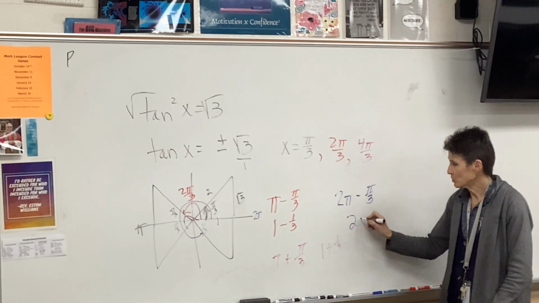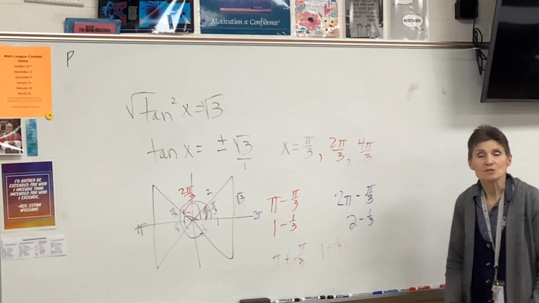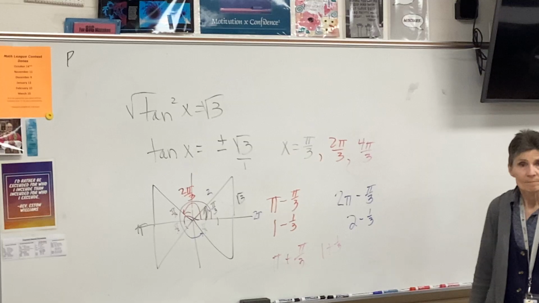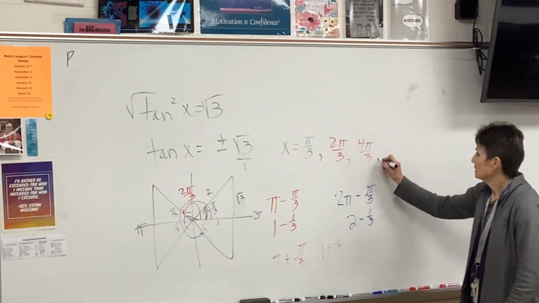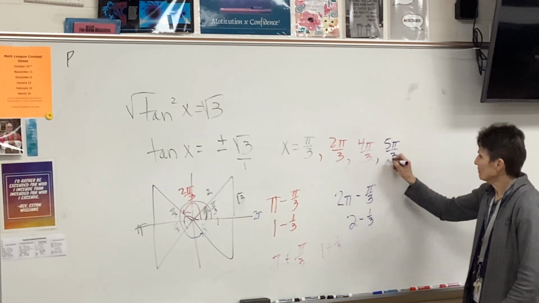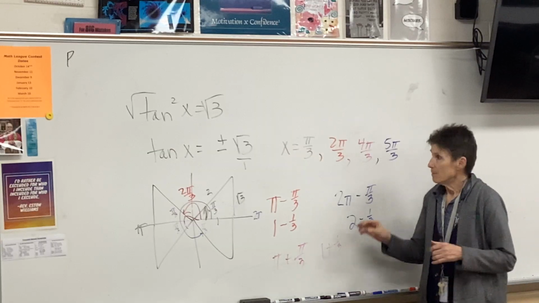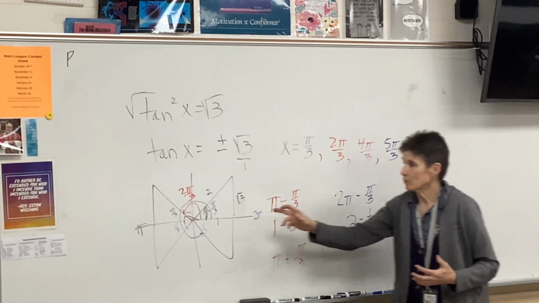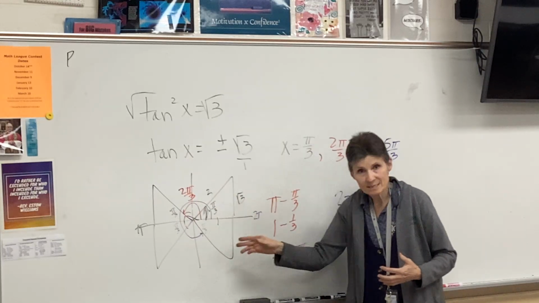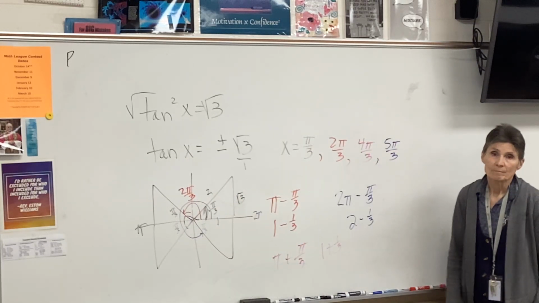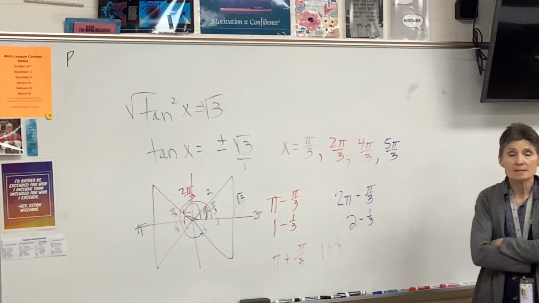Drop the pi's, it's 2 minus a third. What's 2 minus a third? 5/3. So the other answer is 5/3. That would be the same as doing 360 minus 60. I'm just doing it in radians instead of degrees.